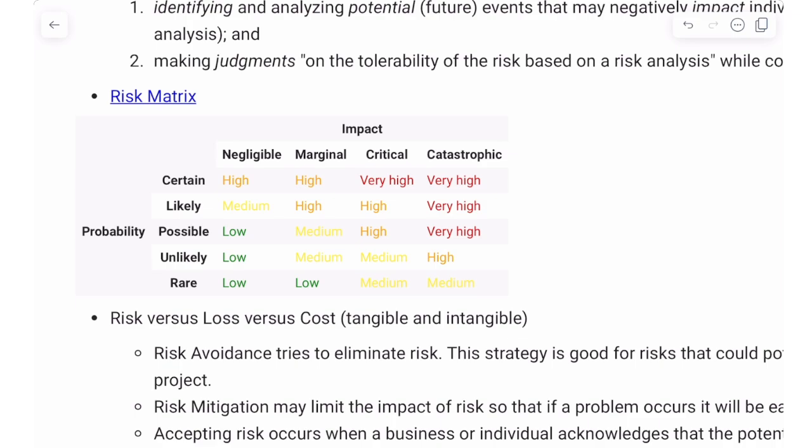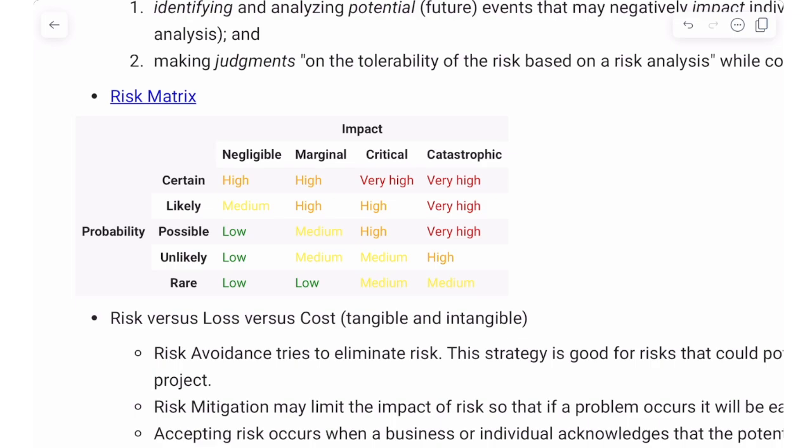So different security incidents have different probabilities. And the other dimension is impact. So you have to identify what kind of impact it will be if such a security incident happens: negligible, marginal, or even severe impact.